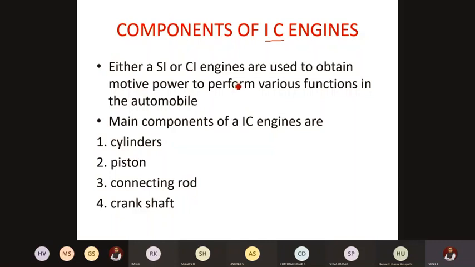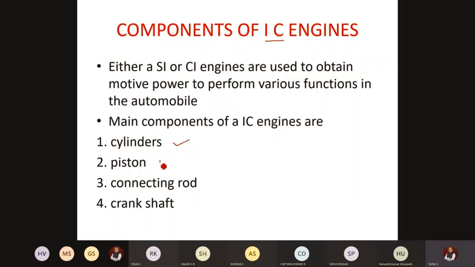It has to take in the fuel along with the air. Obviously, without air, combustion cannot take place. Air and fuel are taken in, and through some mechanism it catches fire and energy is given out. The overall principle is the same, while working mechanisms and components will be different.